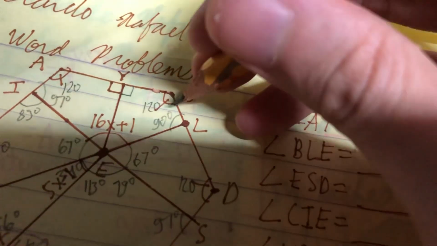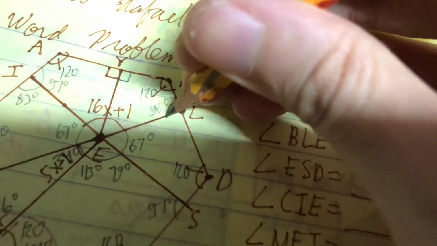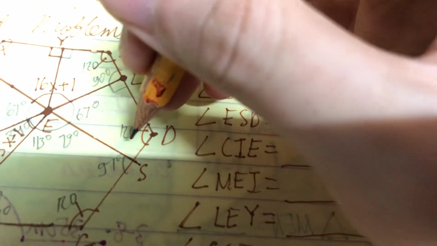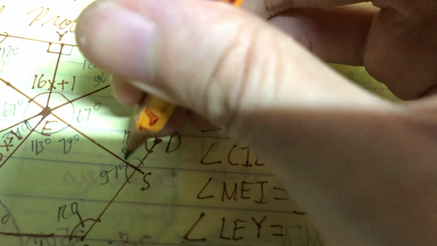So therefore, the remnant angle must measure 90 degrees. So 540 minus 450, 90. So therefore, the remnant angle must measure 90 degrees. And if 90 degrees works for here, 90 degrees also functions on the other side. Right? And then remember, we can apply the supplementary pair here for 83.